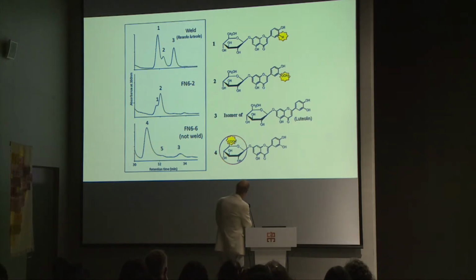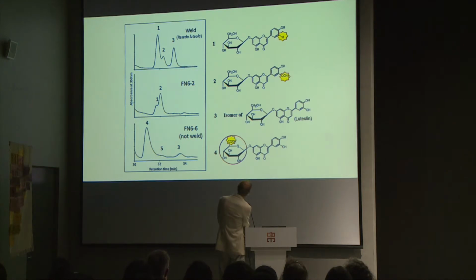Now, if you look at this slide, there's a big luteolin glucoside peak over here, which I didn't put in, but if you look at the smaller peaks, you get this pattern for weld. This particular yellow here may be weld, but this one definitely is not, because this big peak 4 comes over here.